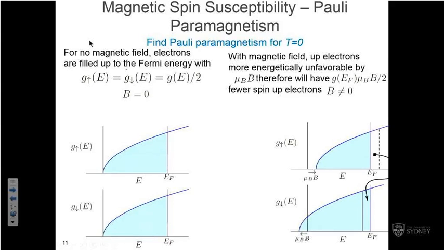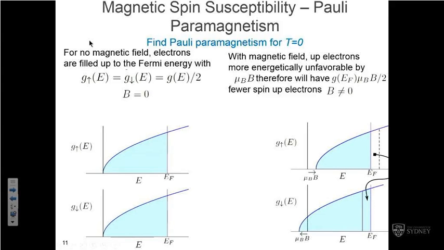So what happens now is when you are in a magnetic field, these electrons will move upwards in energy by mu B. So when this energy is pushed up, some of the electrons in this area here go above the Fermi level.